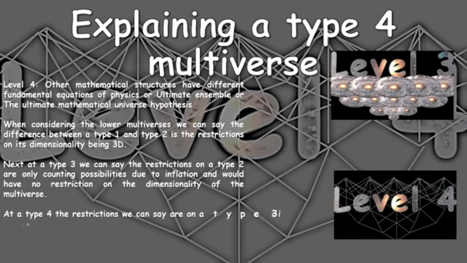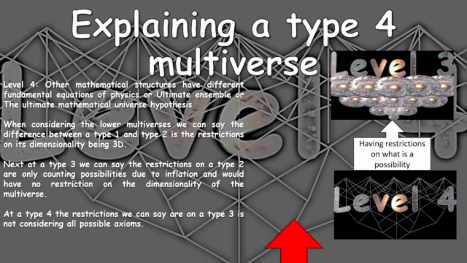At a Type 4, we say the restriction a Type 3 has is not considering every possible axiom as a possibility. A very vague description, but a very useful one. Now I'll be going into a more detailed and more formal explanation based on the papers of Max Tegmark.